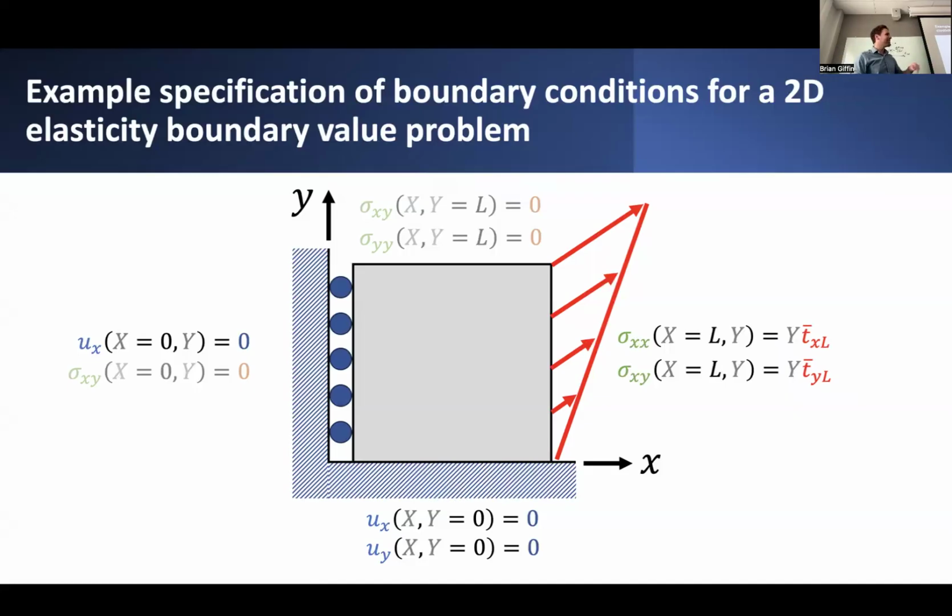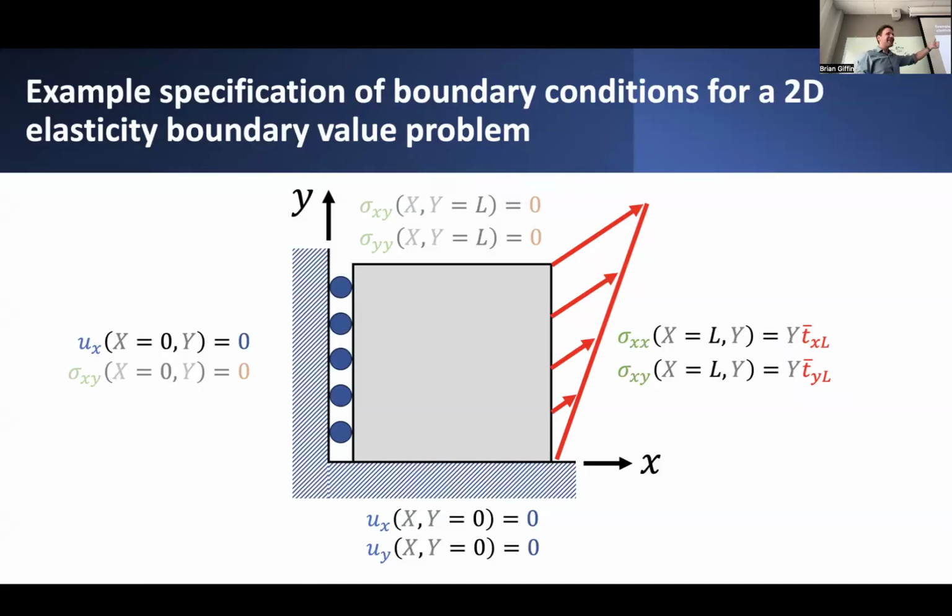Other places on the body where there's no stresses applied, such as on the top face, basically we'll have 0 values of these prescribed values of stress. In particular, the normal stress in the vertical direction exposed on that top face corresponds to the sigma yy stress, right?